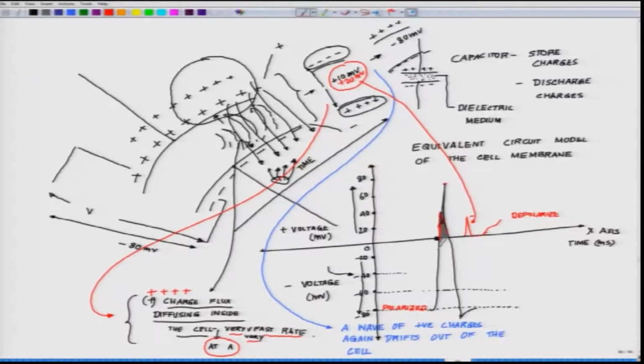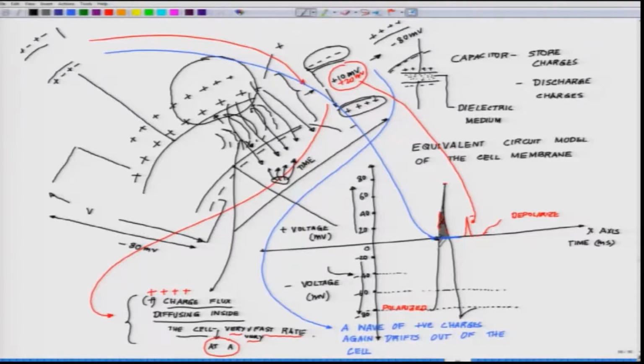In between, while moving through this zone of the curve, a situation comes where across the membrane it is positive, negative, positive, negative, positive, negative.